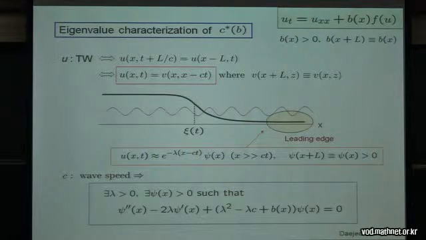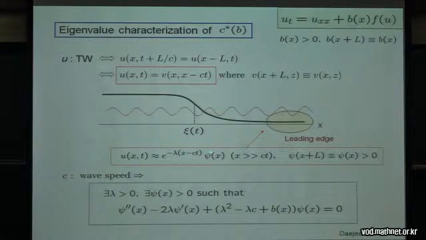Now we assume that v goes to 0 as z goes to infinity, where z is this x minus ct. We make this assumption, and this is generically true for this kind of equation. And actually the validity of this formula is already known, so let's assume that this is true.